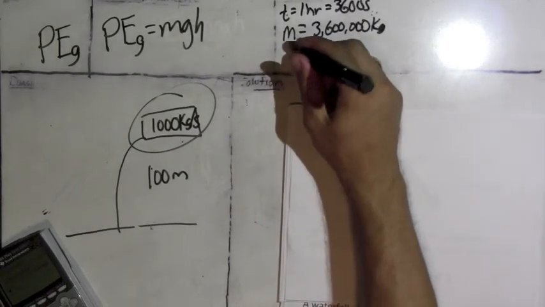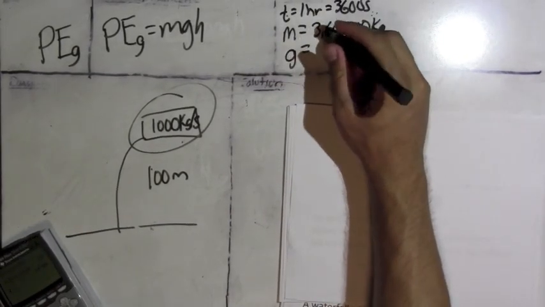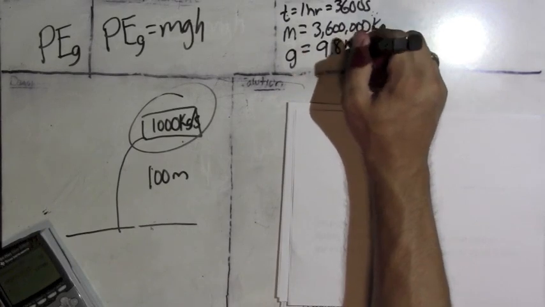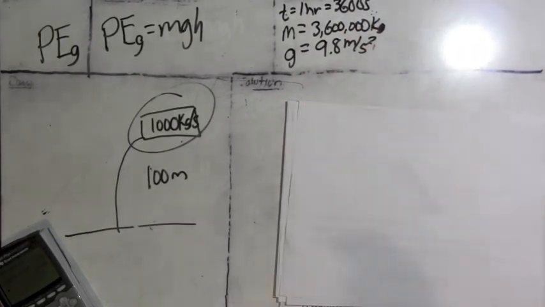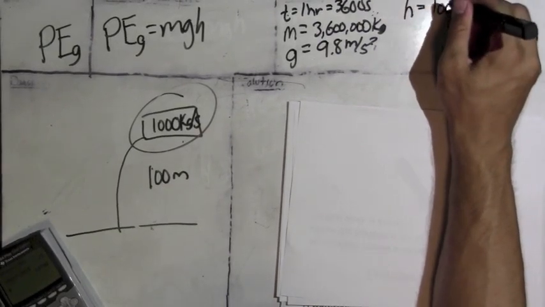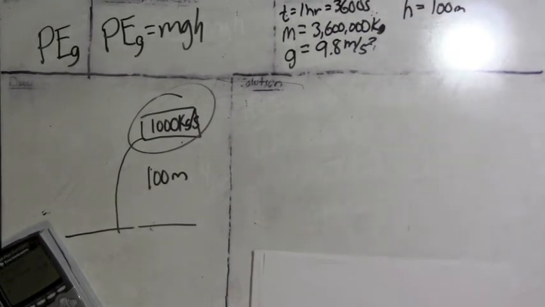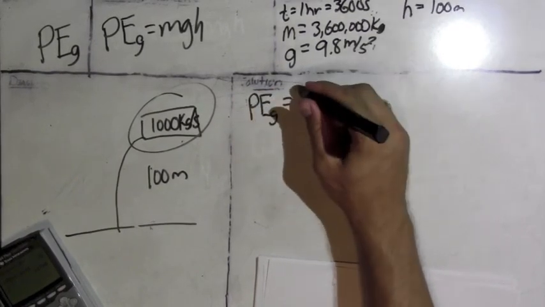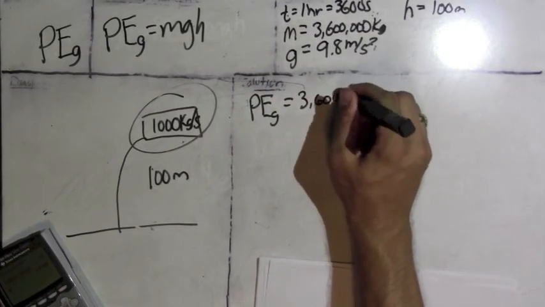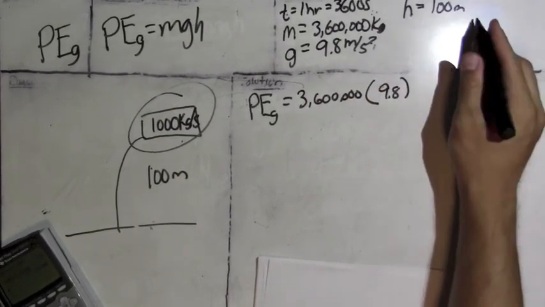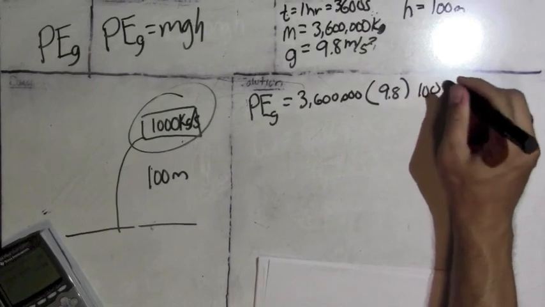Now you know that gravity, all the waterfalls that we know of are on Earth, so we know that the gravity is 9.8 meters per second squared. And we know that the height is 100 meters. So that allows us to figure out, we say, potential energy due to gravity is going to equal 3,600,000 times 9.8 times 100.